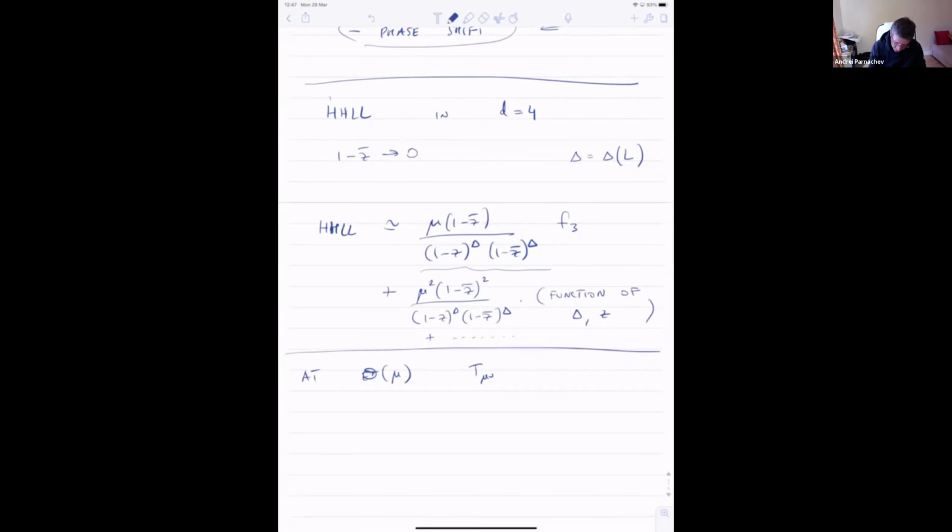Now, what's the role of this minimal twist condition? At order mu, it doesn't buy you anything. But at order mu squared, I can have operators where I have a bunch of derivatives, and all of these operators with infinitely many derivatives have twist 4.